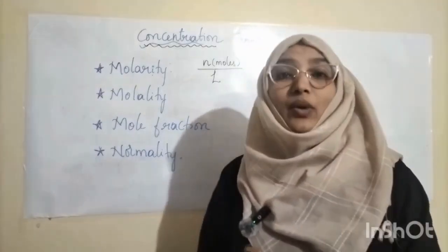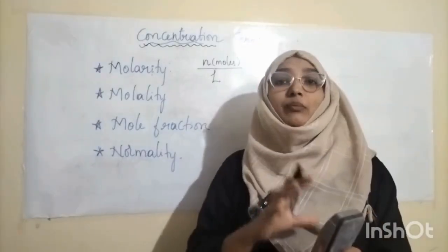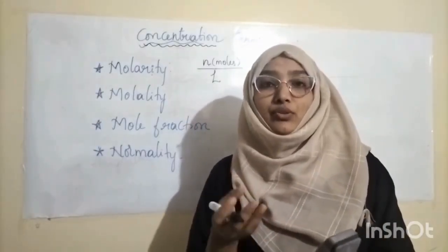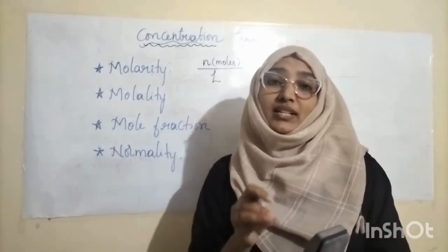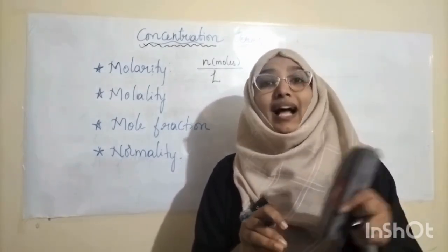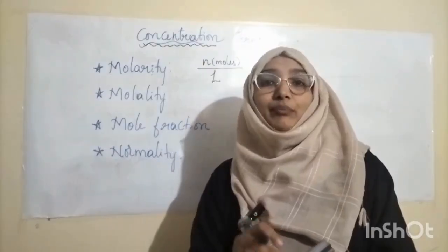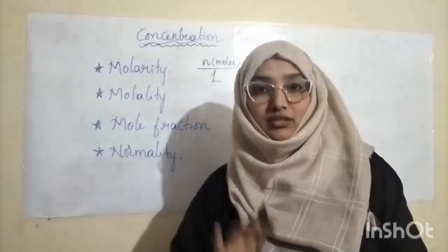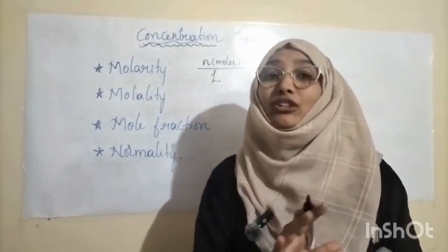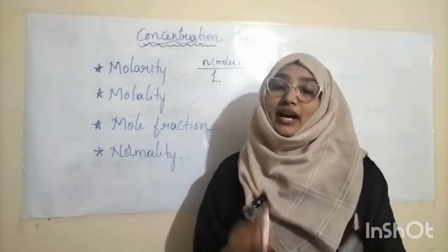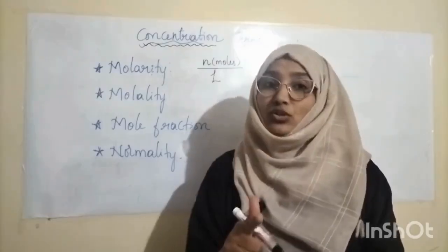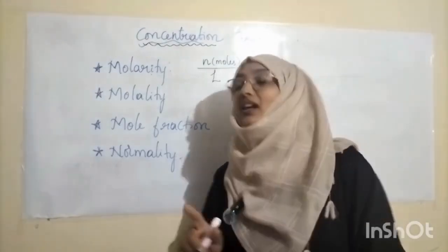That means when you are preparing the solution, first you have to take your solute, and then to that solute you have to add the solvent until it reaches a certain liter, depending upon the liter of solution, which has both solute and solvent. Is it very clear? Yes.